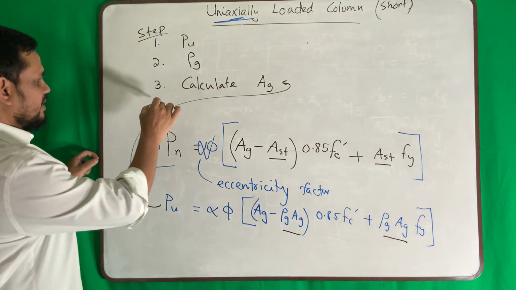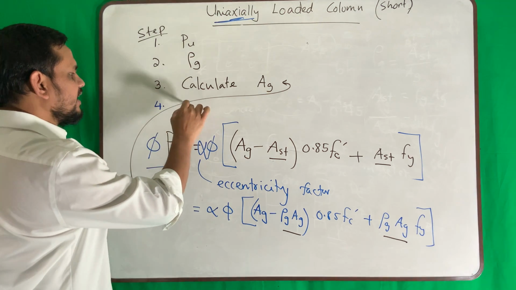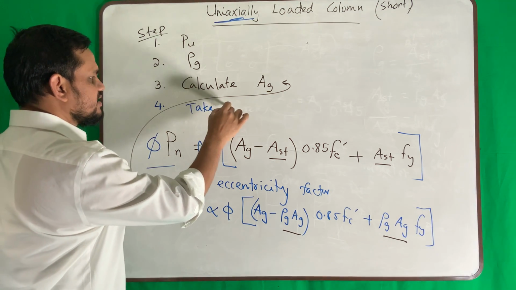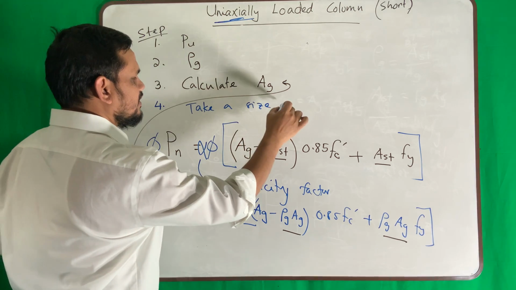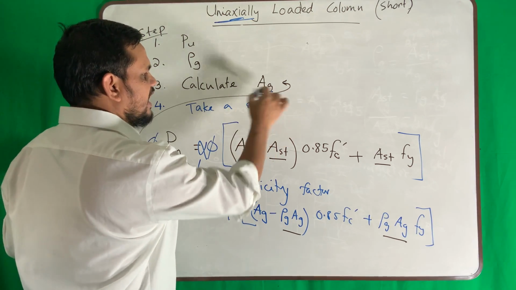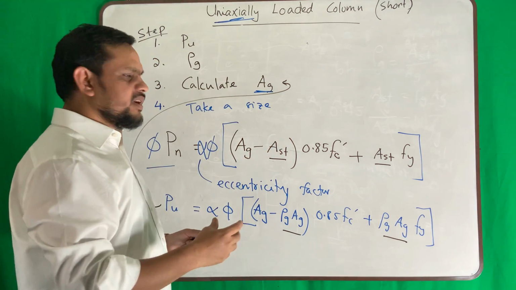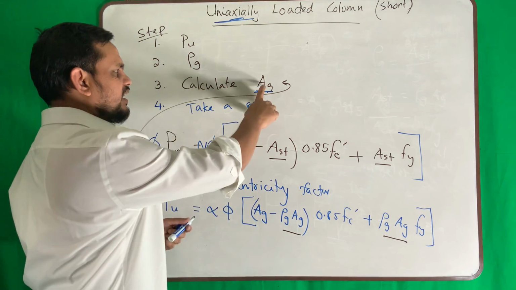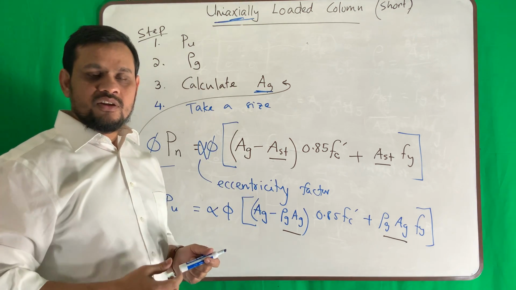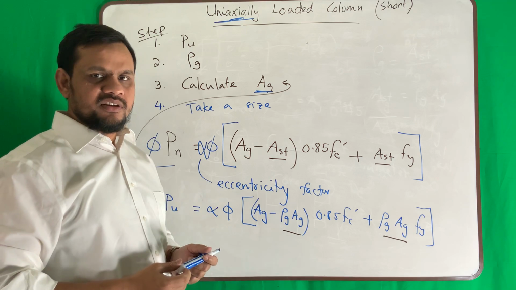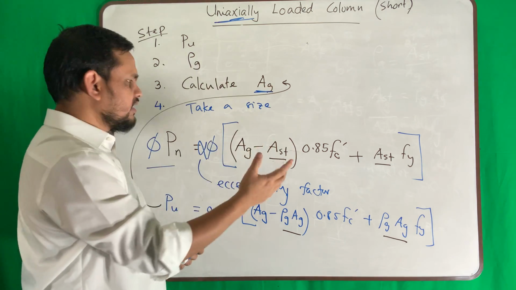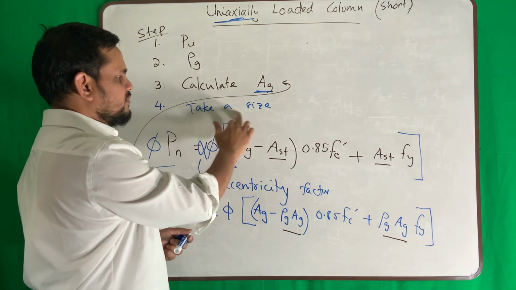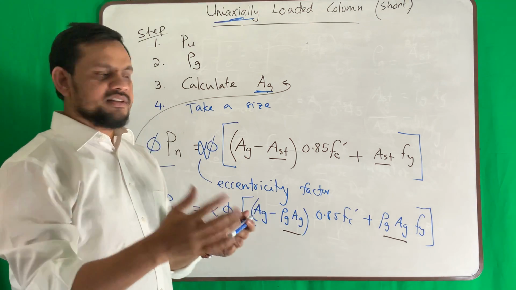And then step number 4. Take a size. That means whatever you calculated, you can use that, but round up. Say what you calculated is a fraction. We do not want to make a fraction. But if it is a round number, good. Otherwise, you have this option to take a size.